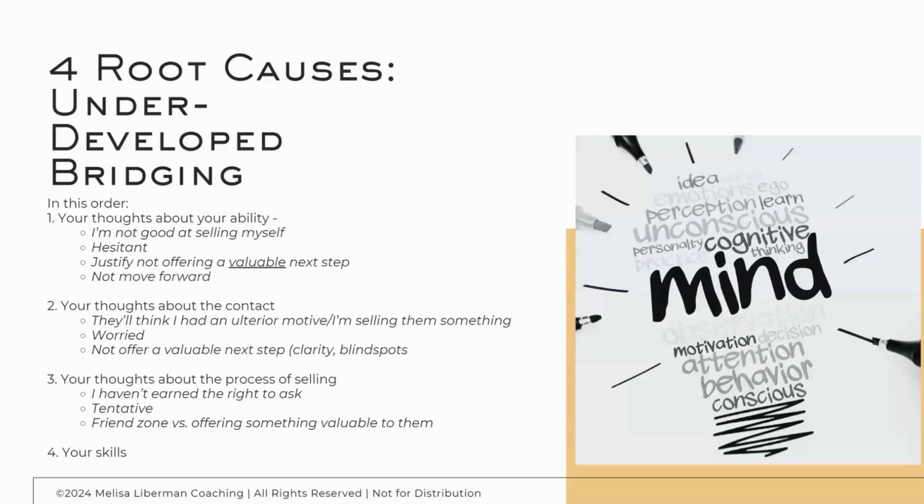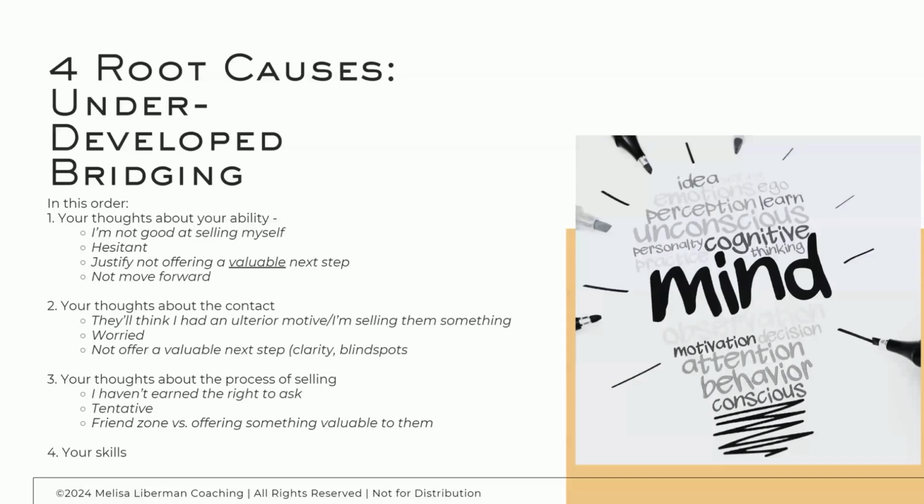The third root cause of you having an underdeveloped bridging skill comes down to your thoughts about selling itself, the process of selling. I've touched on this example a few times, but let's think about this in a more explicit way. One of your thoughts about the process of selling might be, I just met them. I haven't earned the right to ask for anything. And so it makes you feel tentative. It puts you in that friend zone.